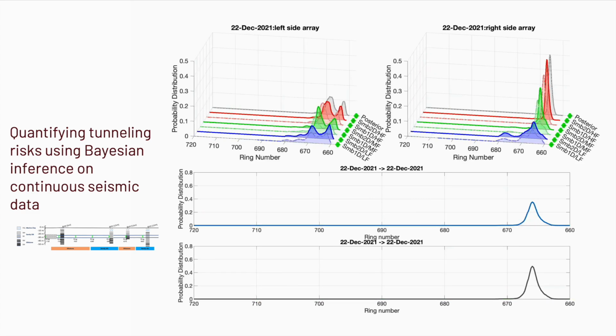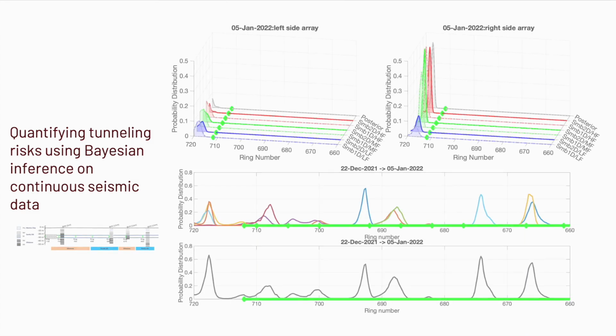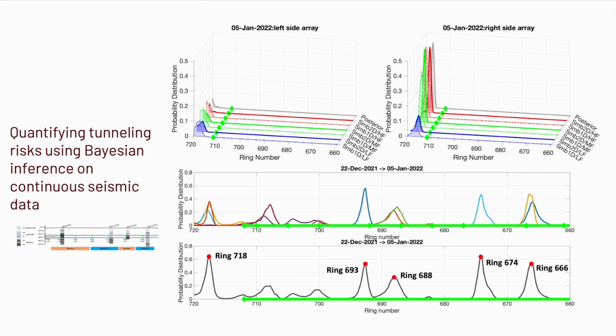As more data is added, we detected 5 high peaks in the probability distribution, which could indicate a high likelihood of interface existence at these locations. The small peaks between rings 700 and 710 neither increase nor cancel out as more data is added, suggesting high seismic uncertainty in this section.